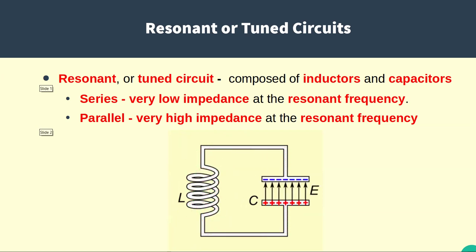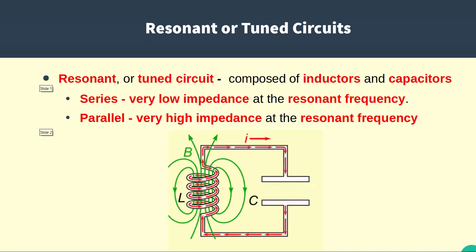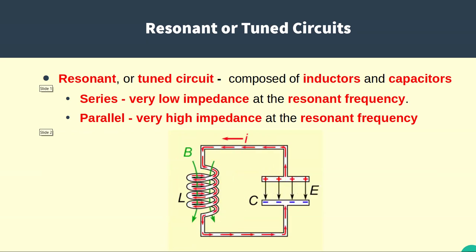So to keep a circuit resonant, you normally have to feed it a little bit of energy to keep it going. And that's how an oscillator works. It will feed back some of the signal from that tank circuit or resonant circuit just enough to keep it oscillating.